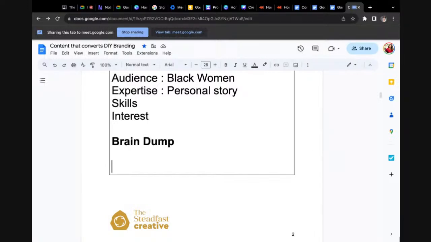Those determine your pillars. Your pillars can evolve, but they don't change dramatically. Themes, on the other hand, do. And themes are these ideas that keep reoccurring, and they are woven into your content across the different pillars. So we have pillars, then we have themes. Those are the only two things we'll be able to talk about today.